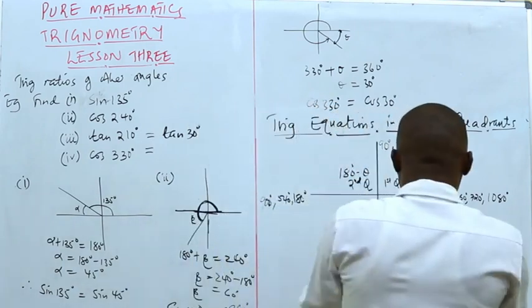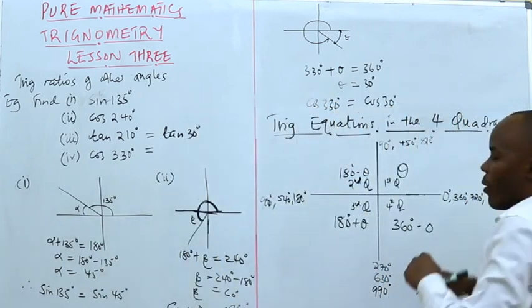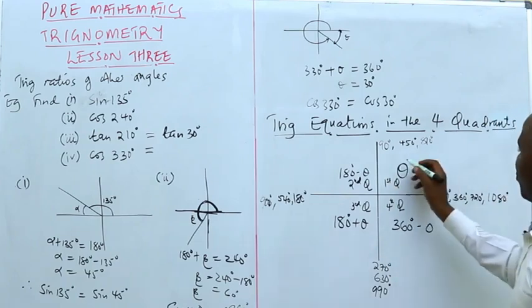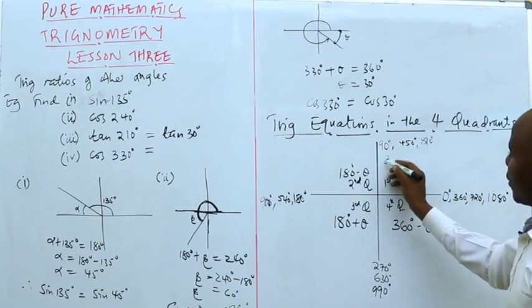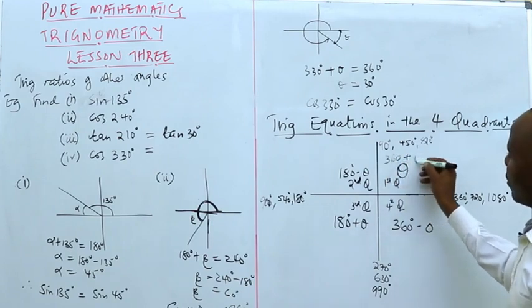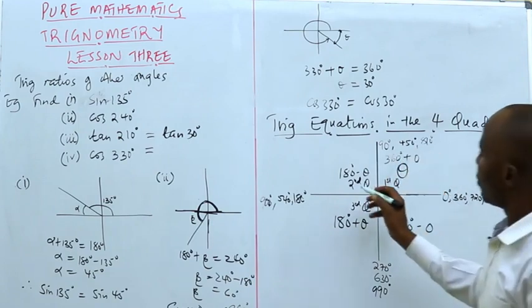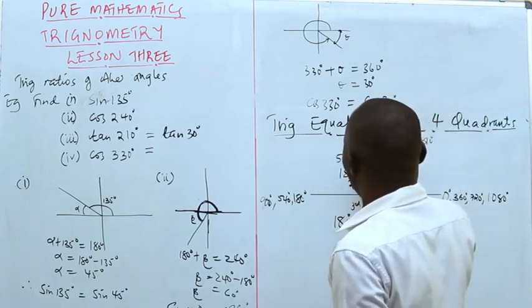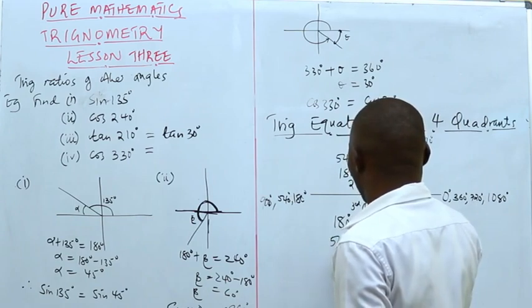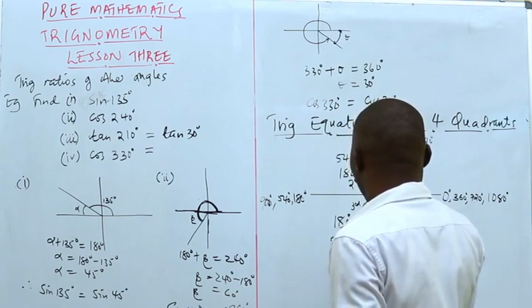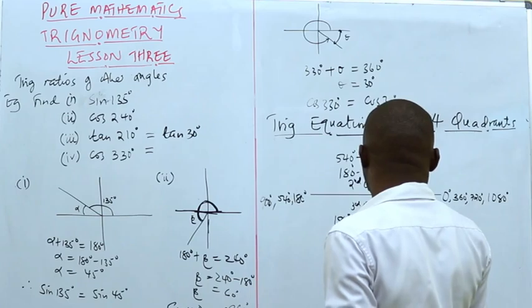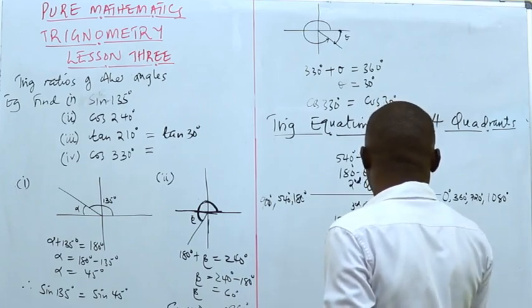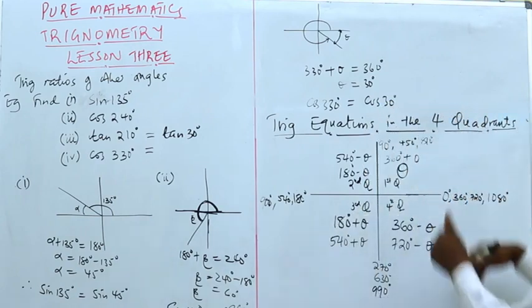So, if you have rotated it twice, that means from here it will be 360 plus theta. These are degrees. This is going to be 540 minus theta. This is going to be 540 plus theta. And this will be 720 minus theta. And so on.